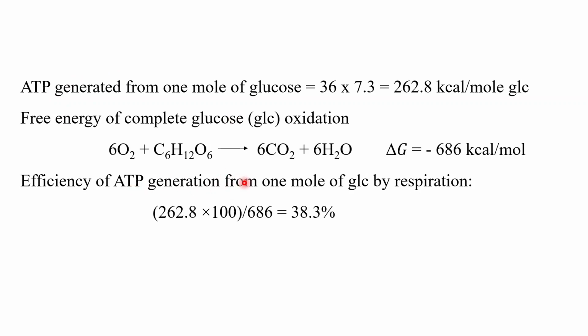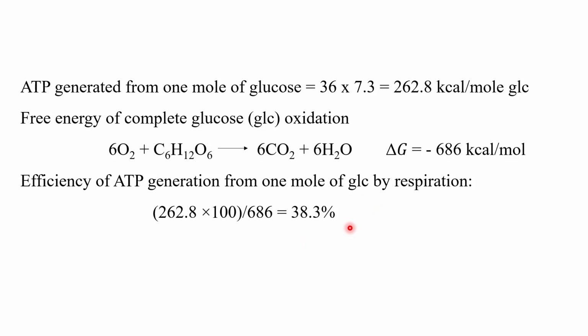If we have to calculate the efficiency of ATP generation, it means the percent of ATP from the total energy. So 262.8 kilocalorie per mole divided by 686 kilocalorie per mole, multiplied by 100. If you solve this, you will get the percentage of the energy generated by ATP, which is 38.3.